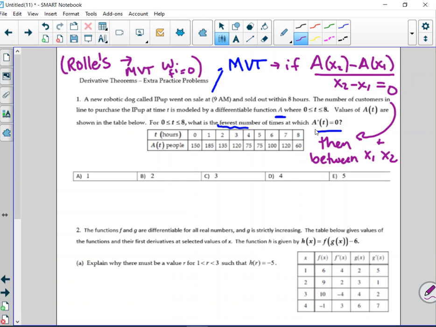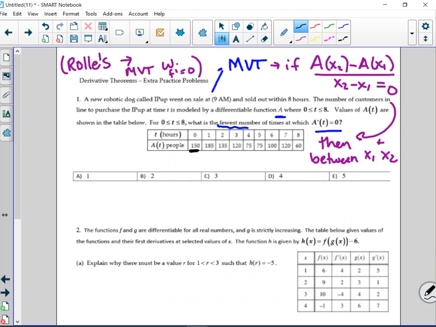Okay. So we've got to be careful that we don't overlap intervals. So the best thing to do on this table is probably, I don't know, I kind of started looking at it going from left to right. And my first value is 150.